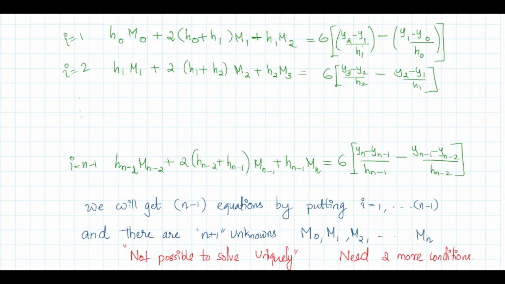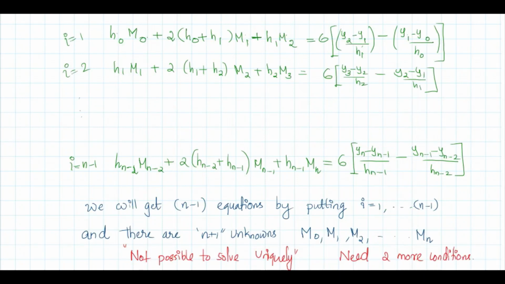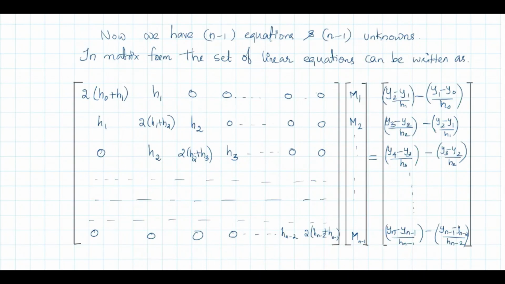Suppose you fixed those two values as 0. Then what will be the first equation? This term vanishes and you will get the remaining: 2 into (h0 plus h1) m1 plus h1 m2 equal to 6 into this one. The second, third, fourth equations all remain the same. In the last equation, m_n will vanish, so that equation will be like this. Now we have n minus 1 equations.